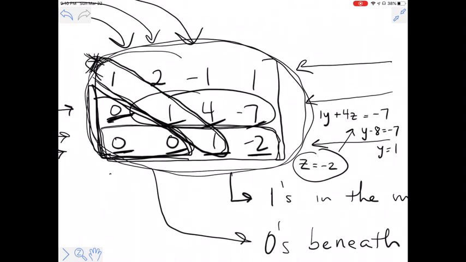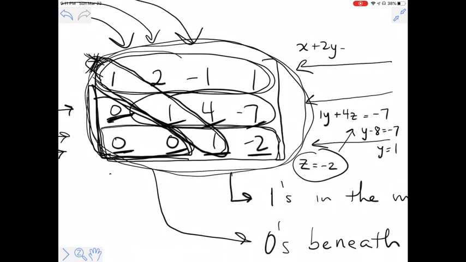And then we can work our way to the very top row of the row echelon form matrix, and using the coefficients there, we get x plus 2y minus, I'm looking at this -1 here, that's -1z, or just minus z equals 1.